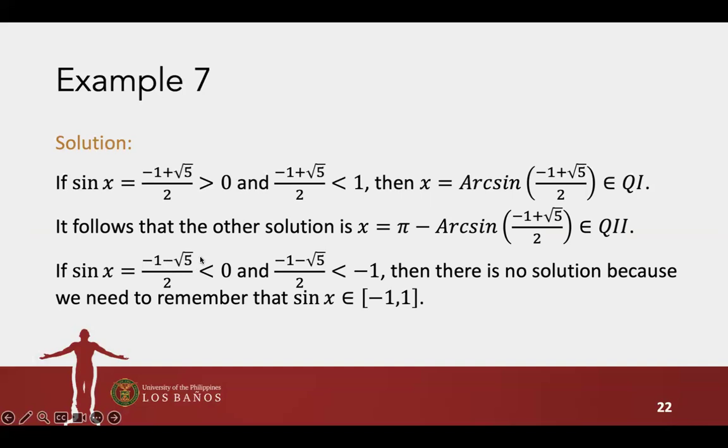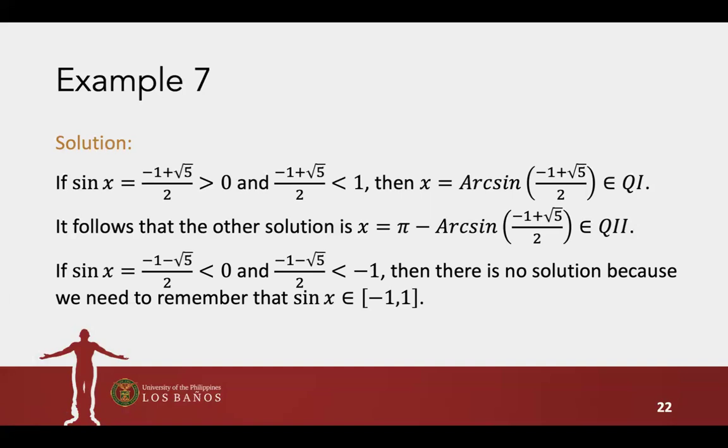So the numerator is always negative, and then our denominator is positive. So if we divide a negative number by a positive number, then it must be negative. So it should be less than 0. However, take note that if we add -1 and negative square root of 5, our answer will be less than -1.